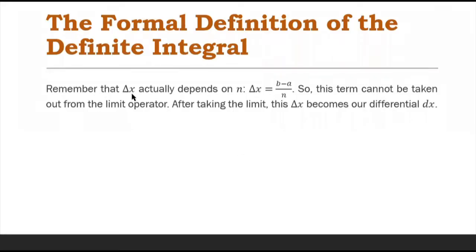Remember that delta x actually depends on n. So we have delta x equal to b minus a all over n. So this term cannot be taken out from the limit operator. After taking the limit, this delta x becomes our differential dx.